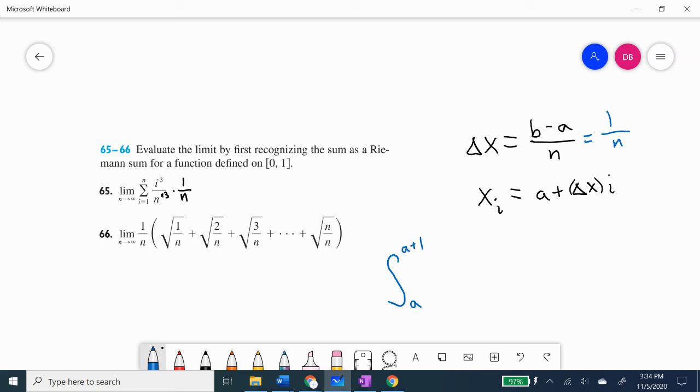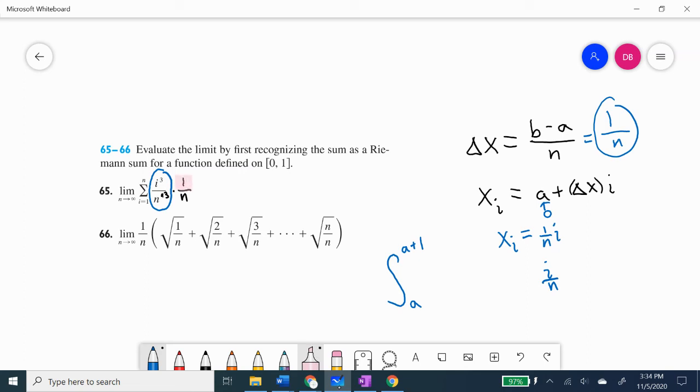When I go to my x sub I, if I choose a to be 0, then I have just the delta x, which I found to be 1 over n, multiplied by I. That means I'm looking for an I divided by n inside of a formula where this is the formula.